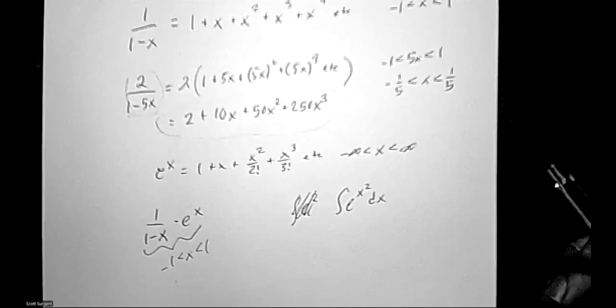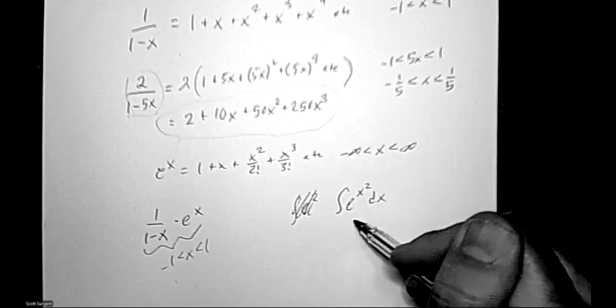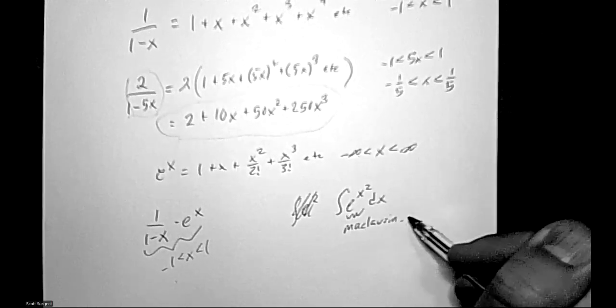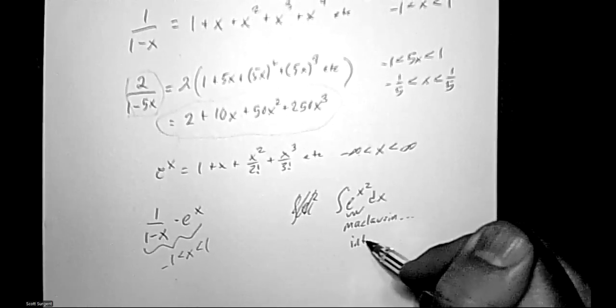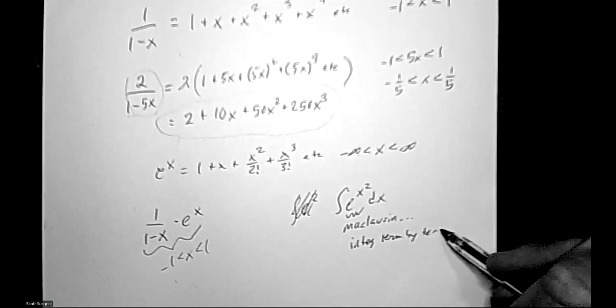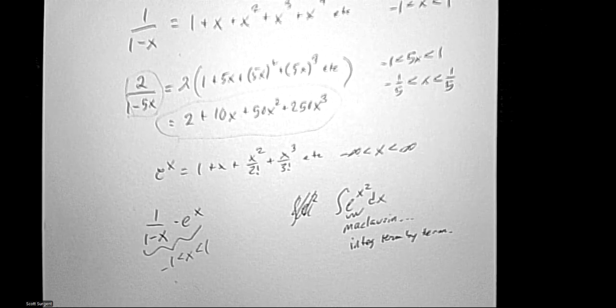You just simply can't do it. So the best way to do it is to come up with the Maclaurin equivalent and then integrate that term by term. So if you can't integrate it directly, you can integrate its equivalent or its approximation. At least you get a really close approximation. Better than nothing.